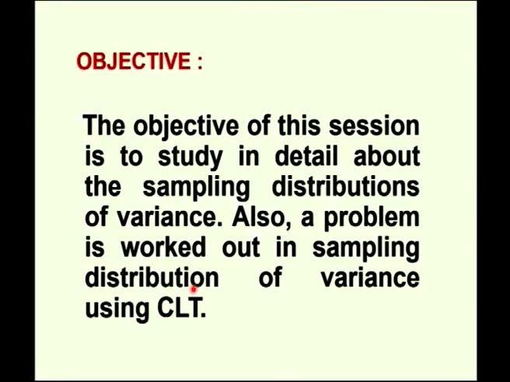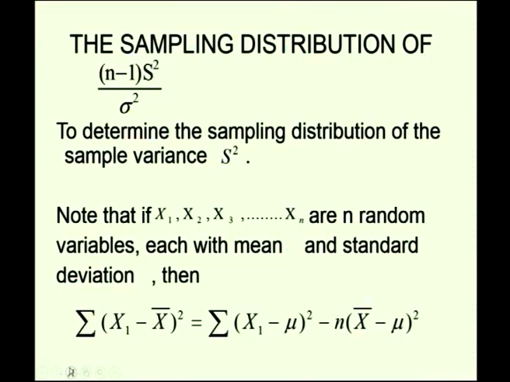So, first of all, to arrive at sampling distribution of a sample variance S square, we shall discuss the sampling distribution of n minus 1 into S square by sigma square. Already we have seen the chi-square distribution with k degrees of freedom, that is if x is a normal random variable, then Zi will be standard normal random variable with mean 0 and variance and standard deviation 1.